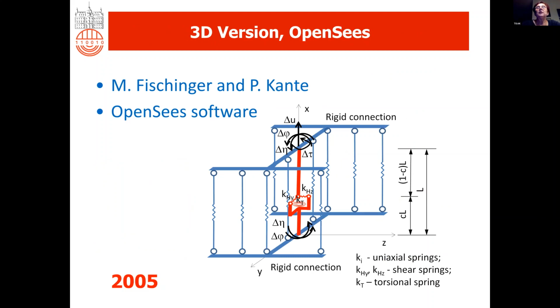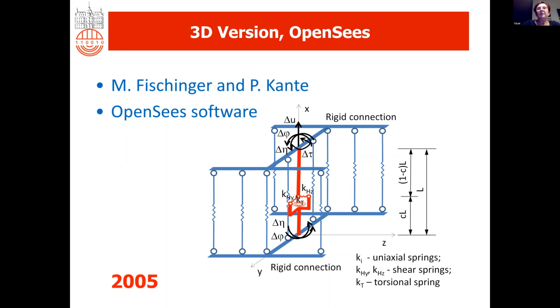So later, as I already mentioned, the first version was included in the Drain software, but later in 2005, it was included in OpenSees in our local version. And then it was also extended to a 3D version to be able to perform also 3D analysis.